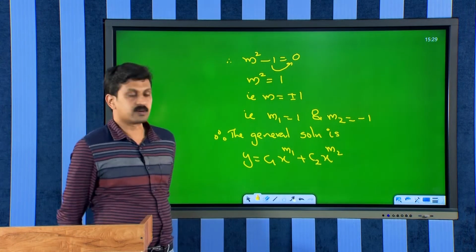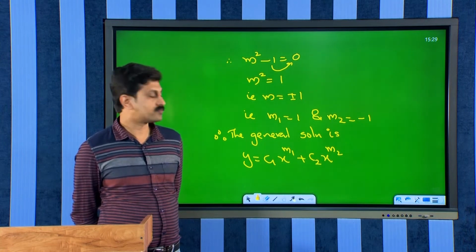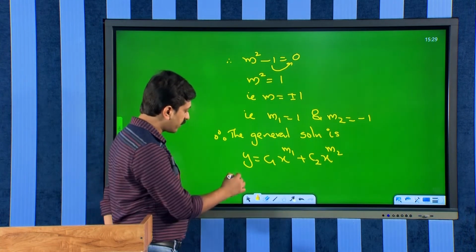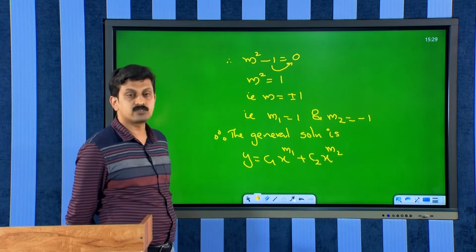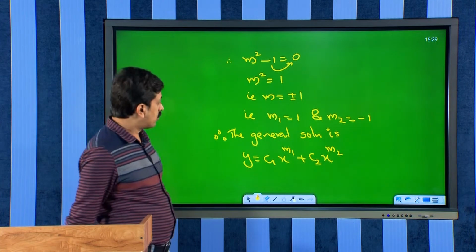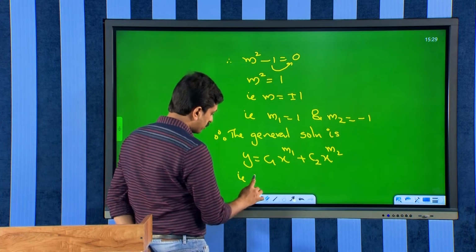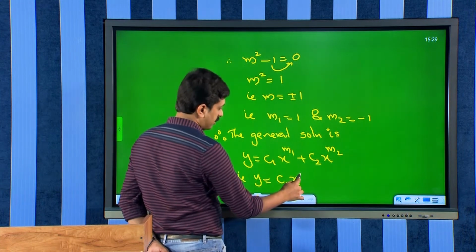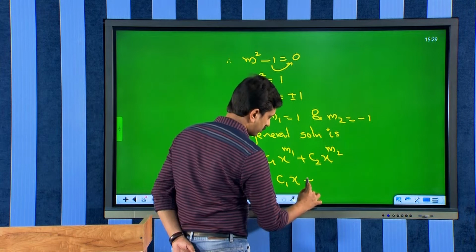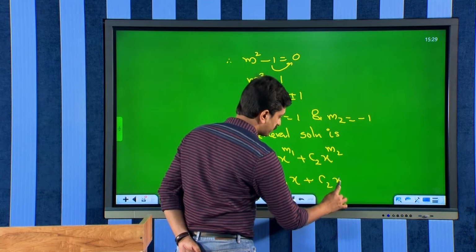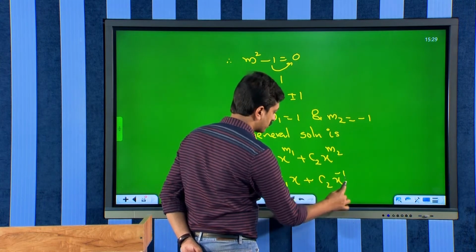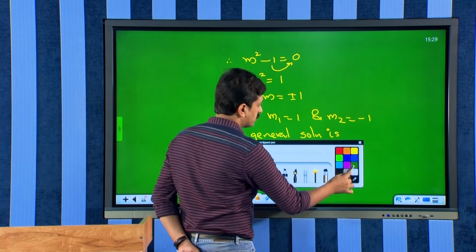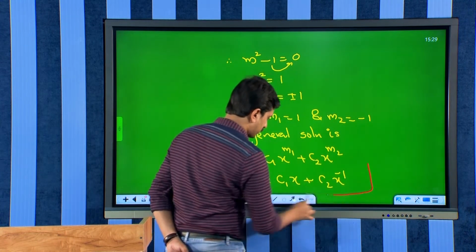That is, y is equal to c1 x raised to 1 plus c2 x raised to m2, where the value of m2 is equal to minus 1. So, this is the general solution.